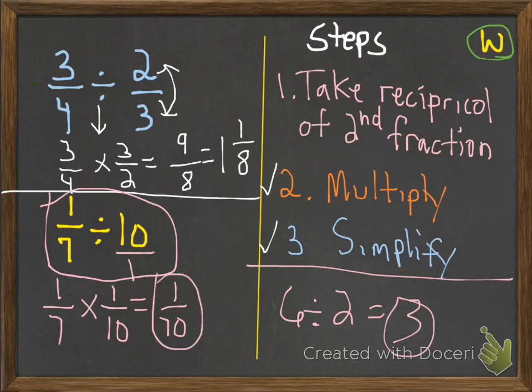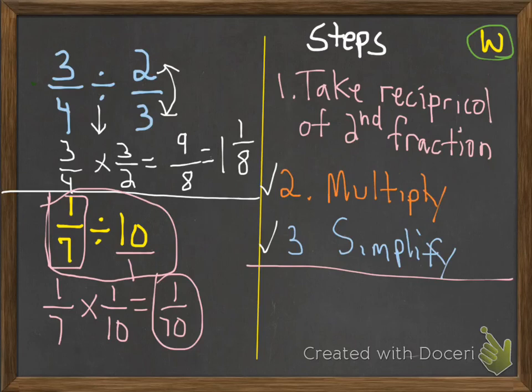Because if you did the opposite, 1/70th times 10, you would get 1/7. That was a little tricky. I think I explained it a little bit confusingly. If you didn't quite follow that, it's okay. It's not going to be quite related to independent work. It's just a little bit of extra way to think about what division really is.